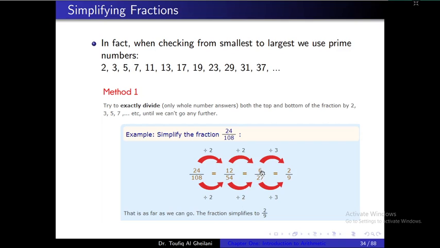And here we cannot divide by 2. 6 can be divided by 2, but 27 cannot. So 6 divided by 3, we get 2, and 27 divided by 3, we get 9. So the fraction we can simplify to 2 over 9. This is method 1.